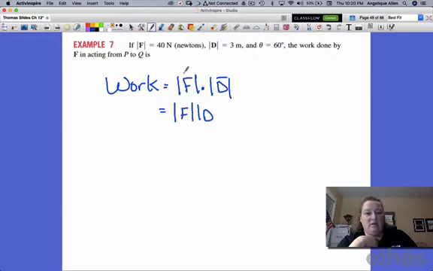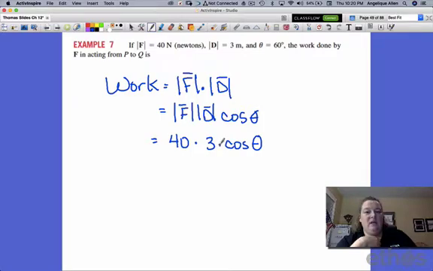Excuse me, I should be calling these vectors. The magnitude of F times the magnitude of D times the cosine of theta. Now those numbers we have. The magnitude of F is 40 newtons, the distance is 3 meters, and the angle is 60 degrees, to plug right into this formula.